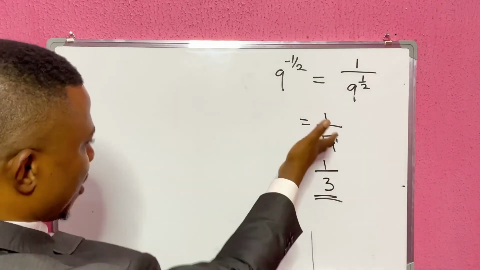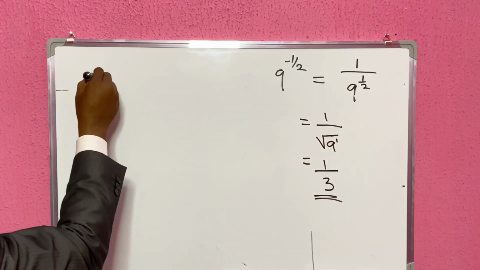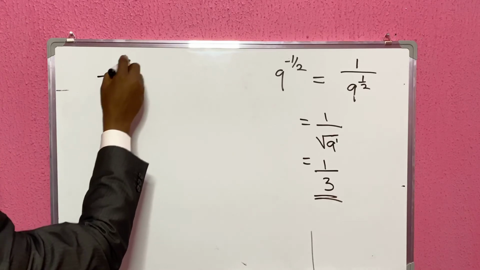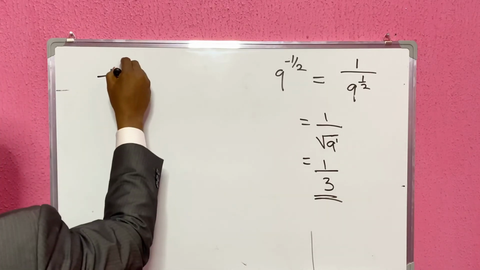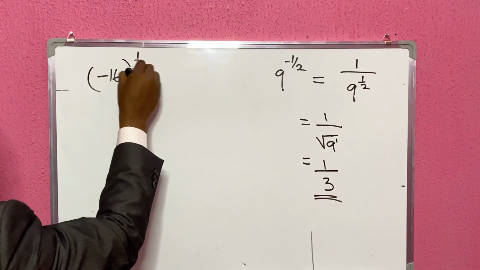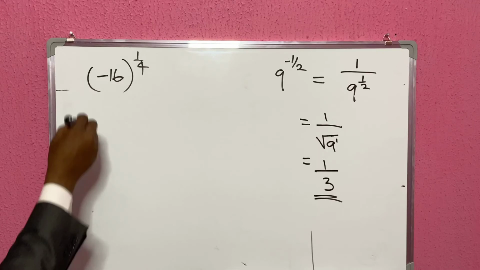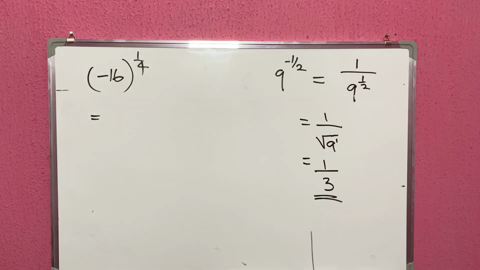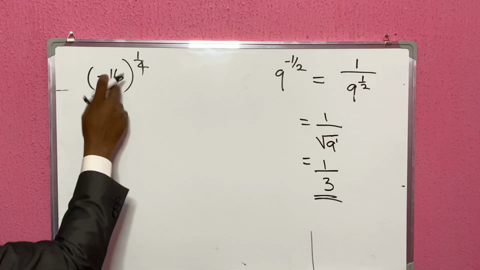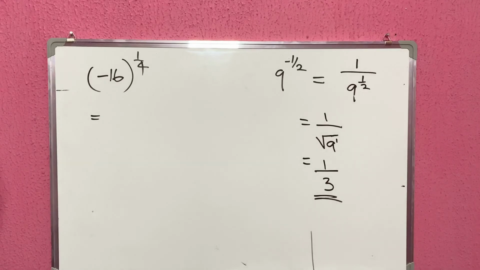Let's look at more examples on this. If you have minus 16 raised to power 1 over 4. You can say, what is 16? 16 is 2 times 2 times 2 times 2.